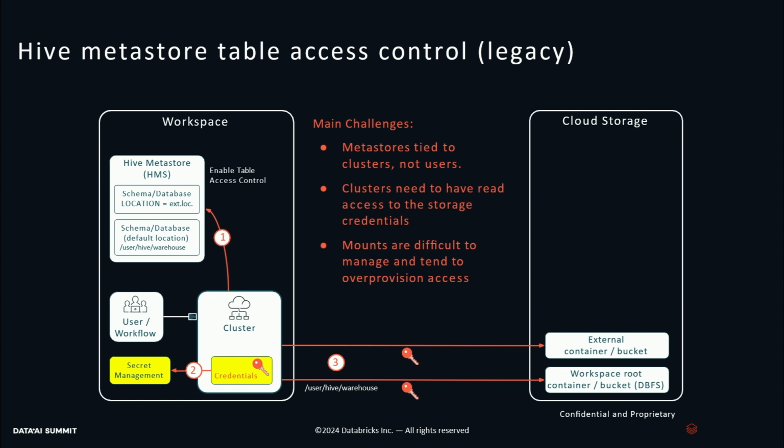The solution given by Databricks was to enable table access controls on the clusters, in order to ensure that access is scoped down at the table level and there is no wide access provided to the clusters. But this table access control also had its own limitations.